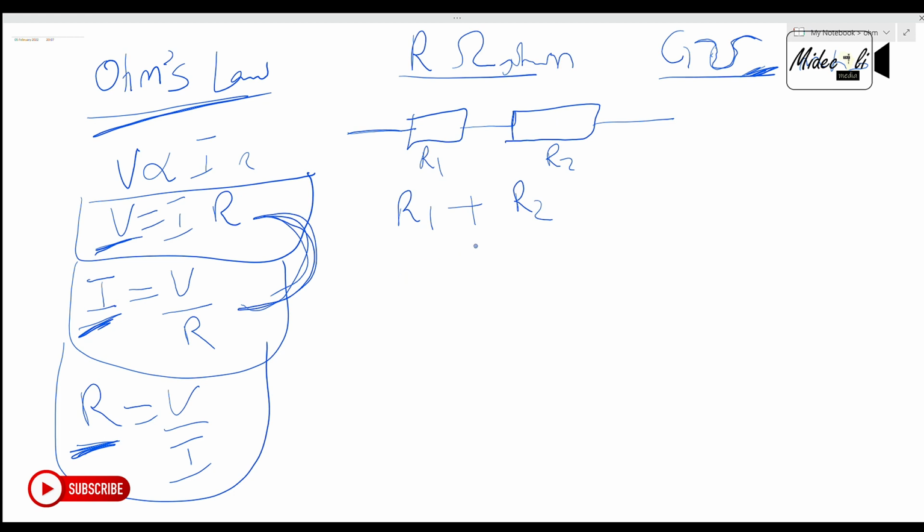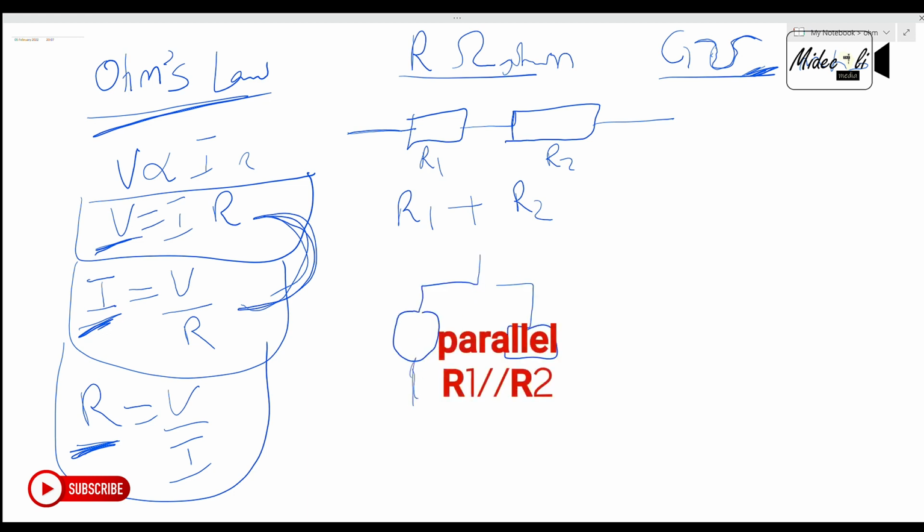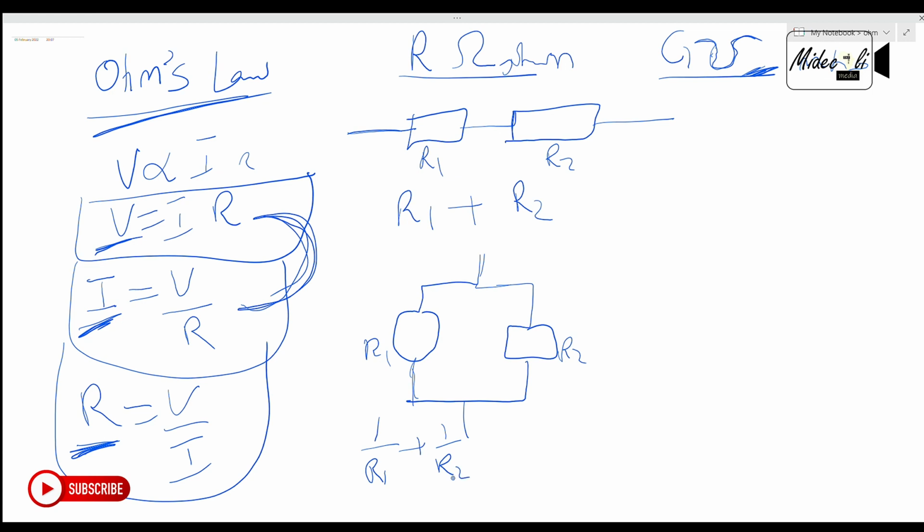And if these resistors happen to be in parallel, R1 and R2, this would be 1 over R1 plus 1 over R2, whose LCM is R1 times R2.